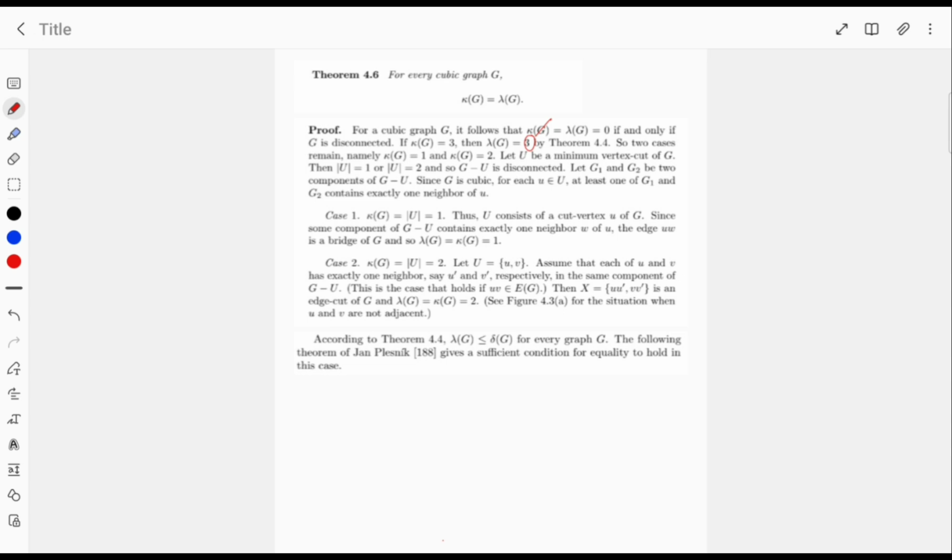Their maximum degree is 3, so by removing the 3 edges, we have 2 components, which are the isolated vertex and the other component.